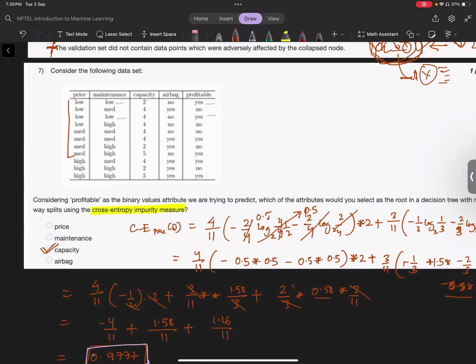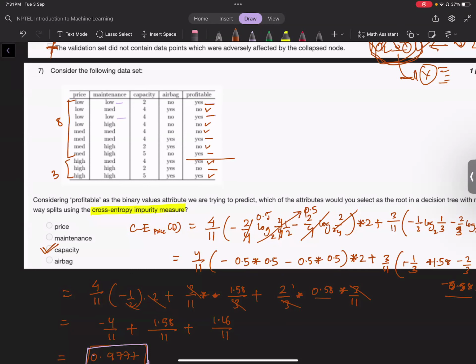Low and medium account for 8 of the price entries and high is 3. So that's how we divide it first. Then out of these 8, 4 are yes and 4 are no, right? And out of these 3, 2 are yes and 1 is no, right?